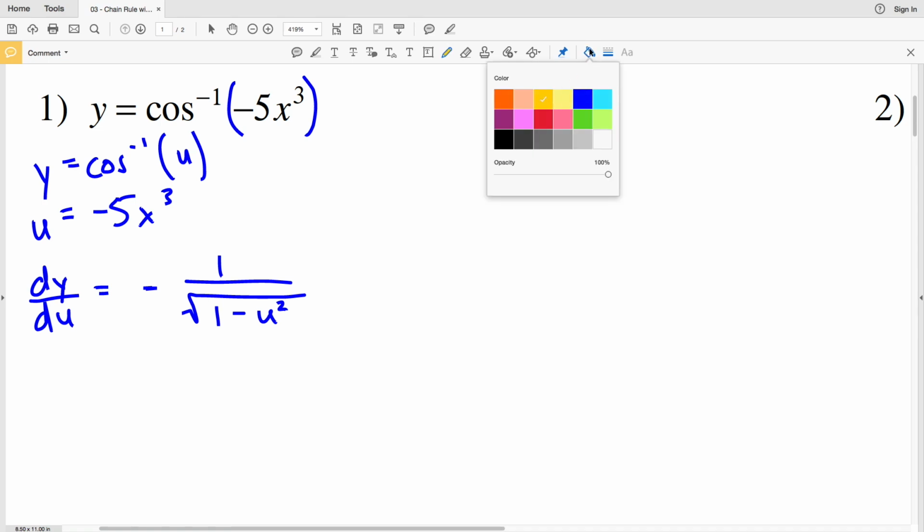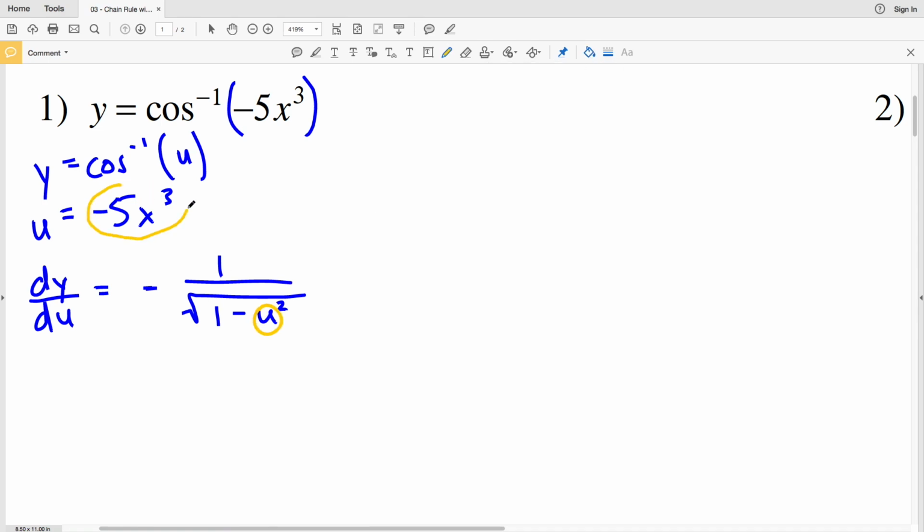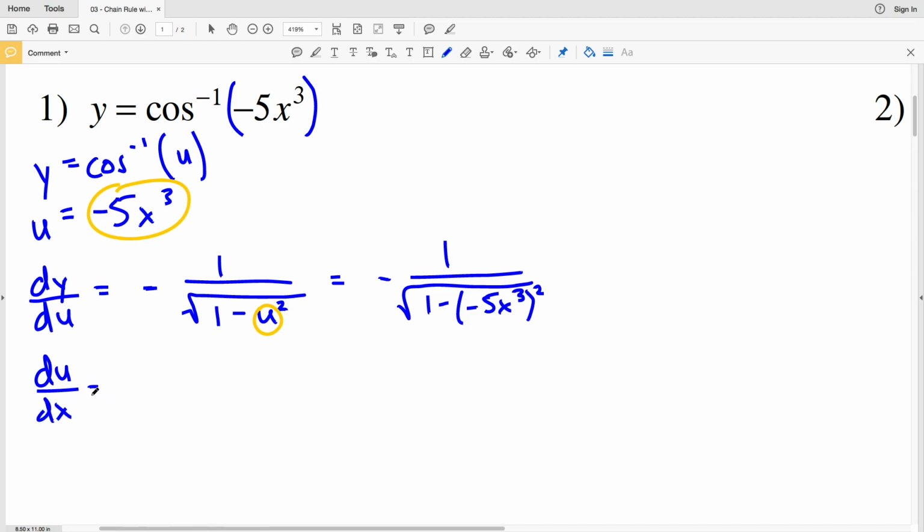And because we know what u is, we're going to plug u into dy/du. So that's going to be negative 1 over the square root of 1 minus negative 5x cubed squared. And then the derivative of u with respect to x, that's going to be the derivative of negative 5x cubed, which 3 will get multiplied to negative 5 to be negative 15, and then x to the 3 minus 1, or x squared.